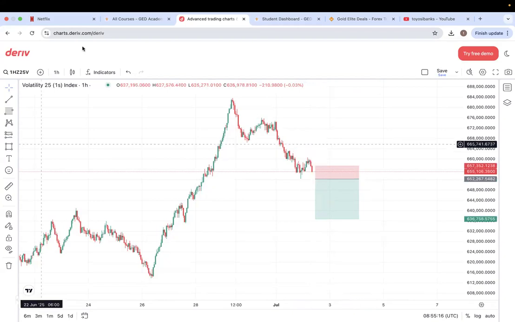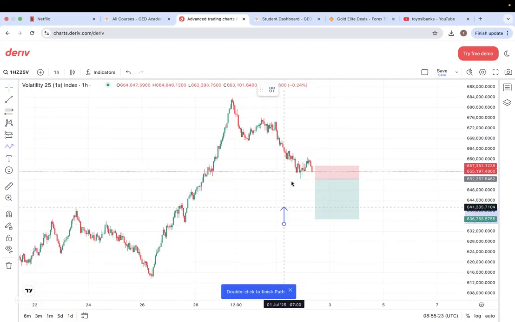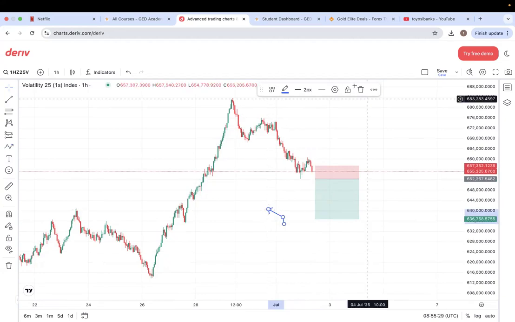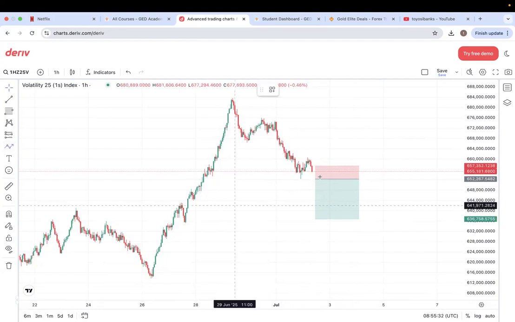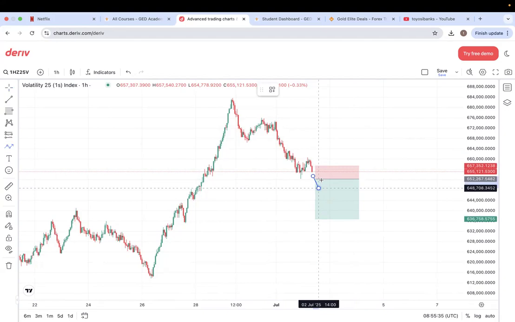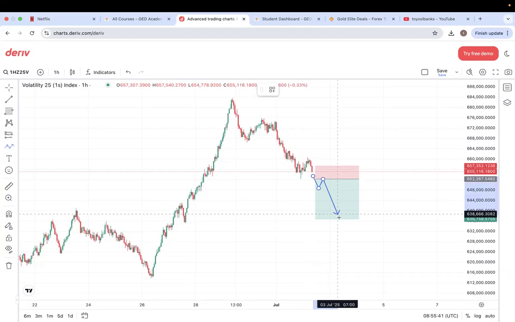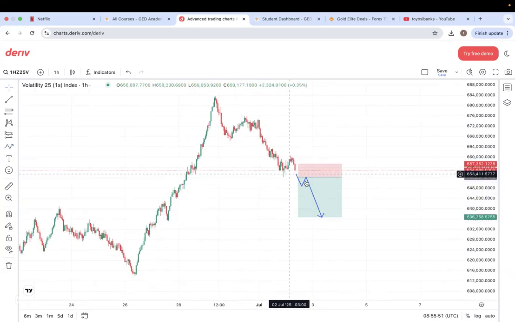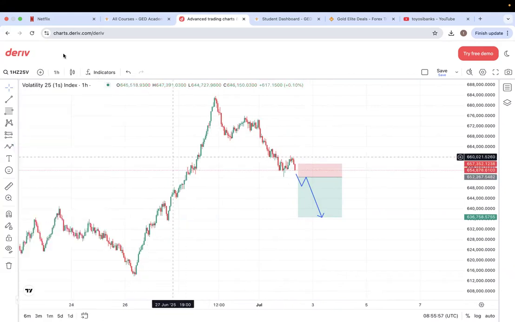If it breaks past it, you're going to have a scenario like this, where the market pushes down price into this area, and then crashes. So the market should push down price a bit, retest back into this area, and then you can have some buy momentum. That's pretty much it for 25 1s.